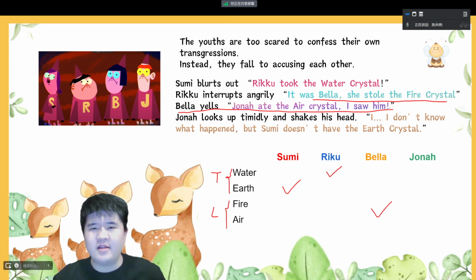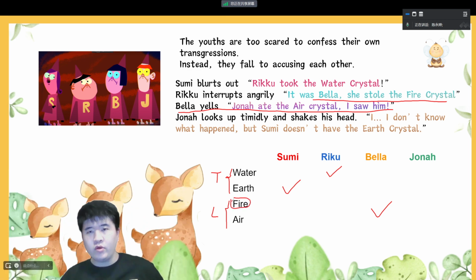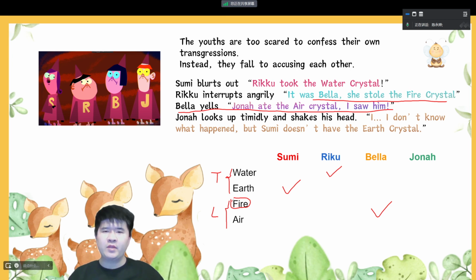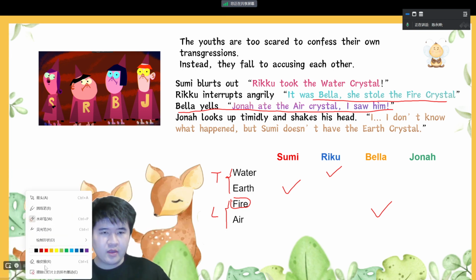But did you forget that the one who has the fire crystal will lie to everyone? So if she said Jonah has the air crystal, Jonah cannot actually have the air crystal. So in this situation, it's totally wrong.